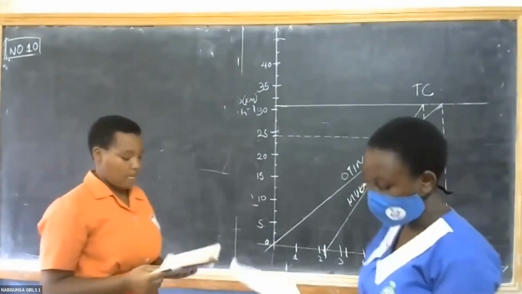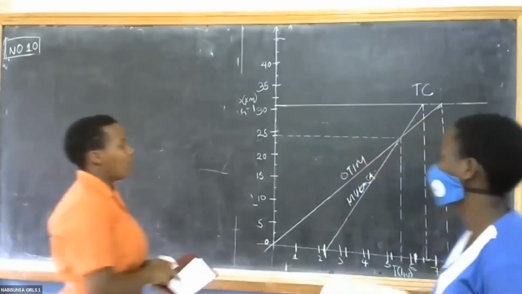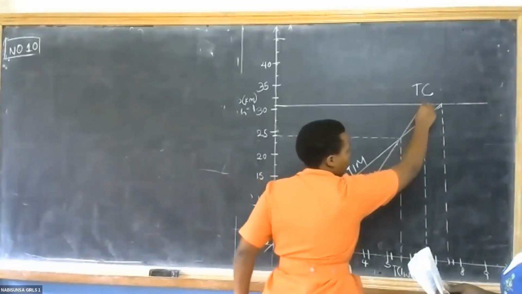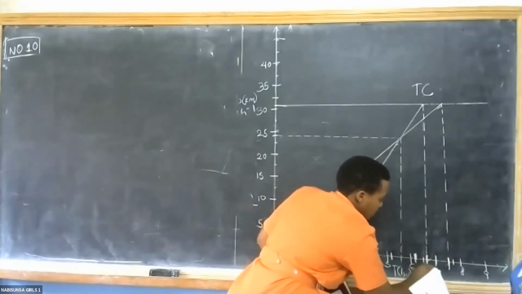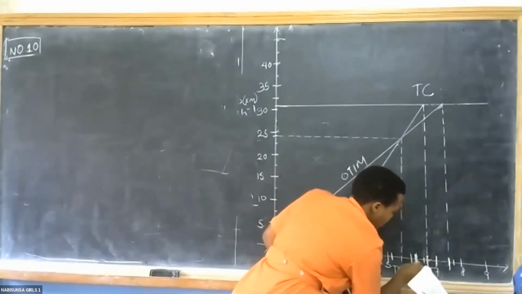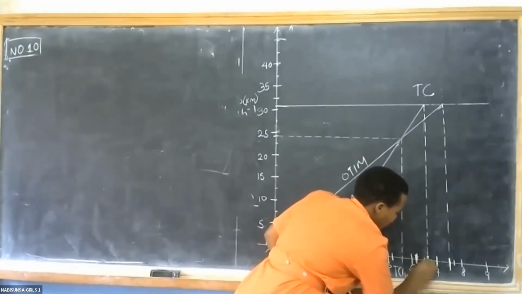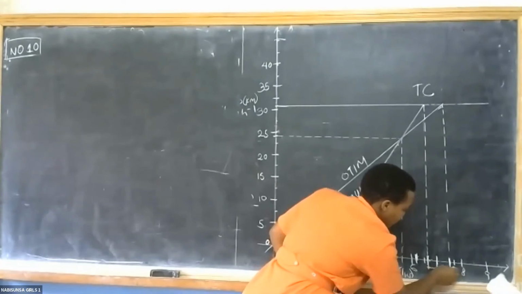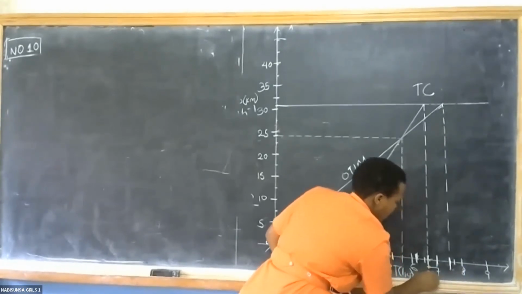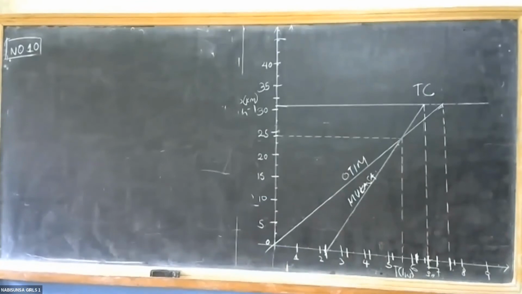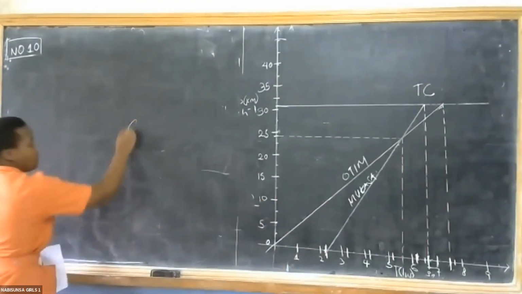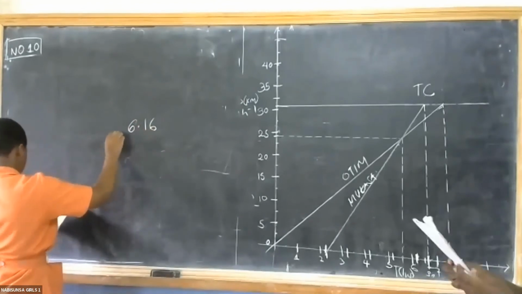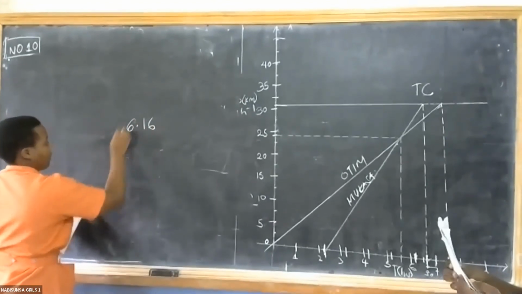For how long was he in the trading center before Otim joined him? Going to come here, 42 minutes minus this. This is 6 and something. It's going to be 6.16 minus the 7.